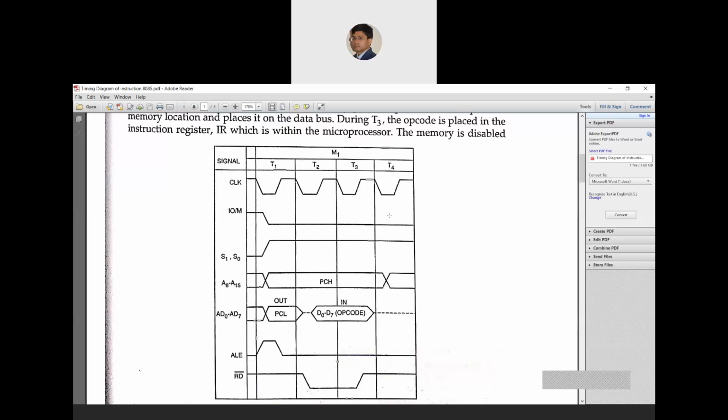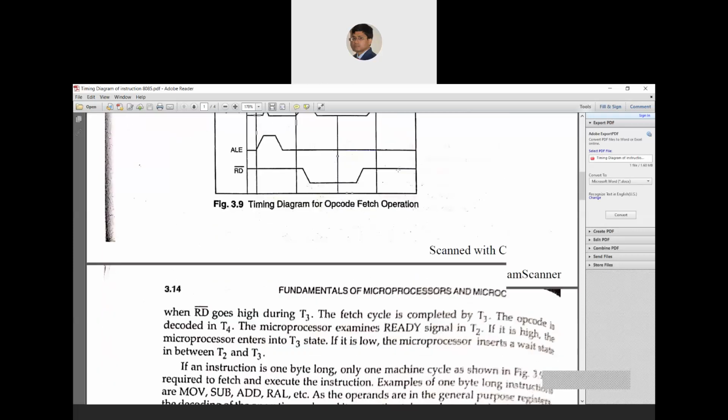Most importantly, at the T4 state, internally the instruction decoding operation is going on in the microprocessor. So this is the difference.